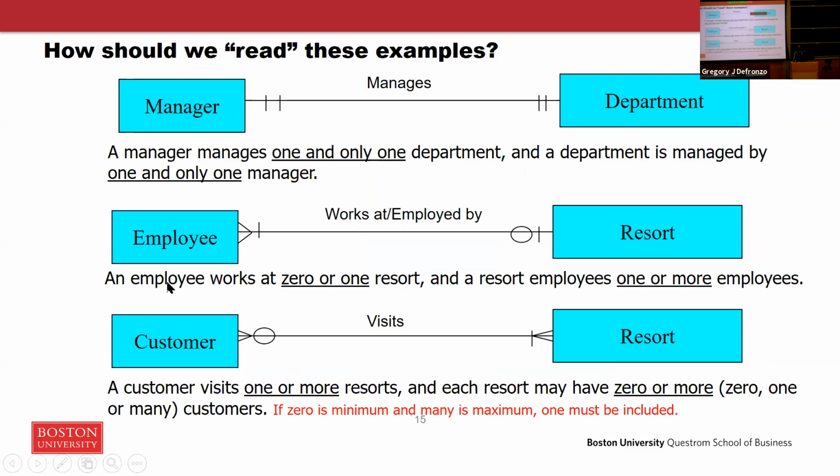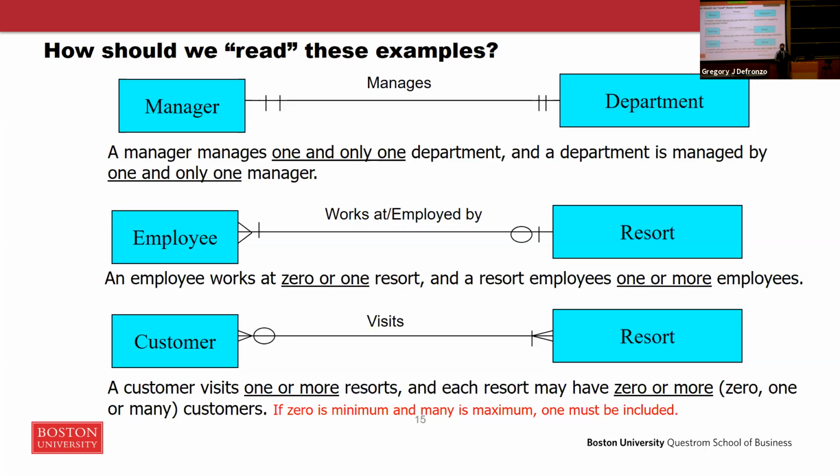Okay, so this is probably like old hat by now. How do you read this? A manager is assigned or manages one and only department, and a department has one and only manager, right? An employee works at zero or many resorts, so think about it, especially today with COVID, right?